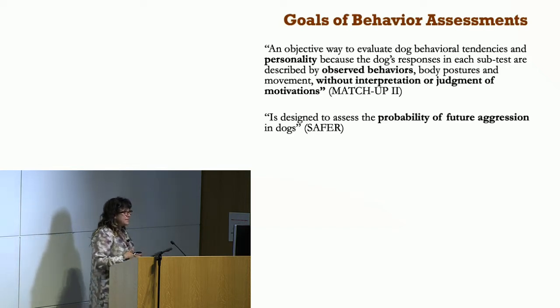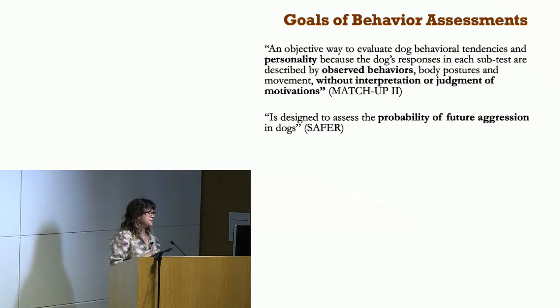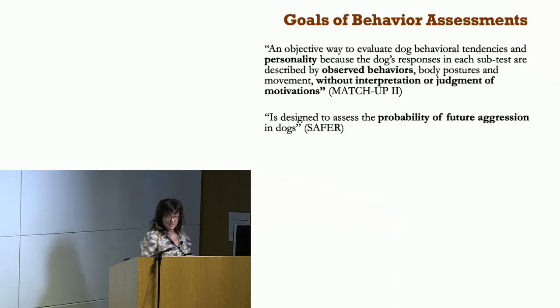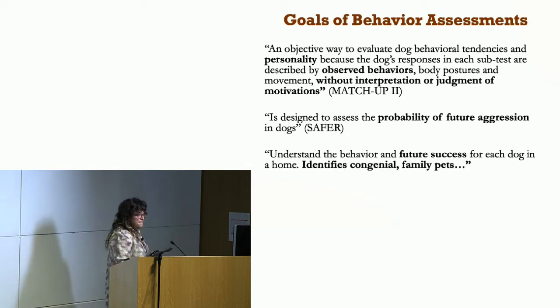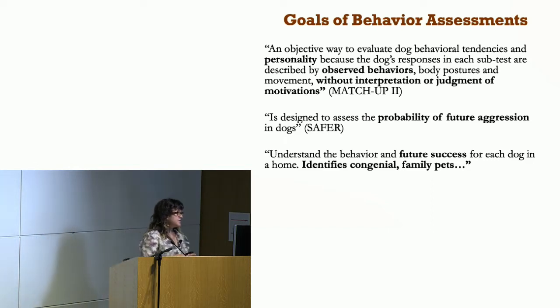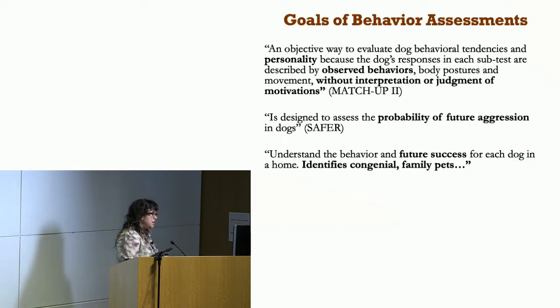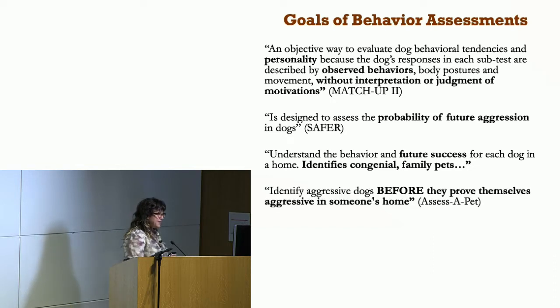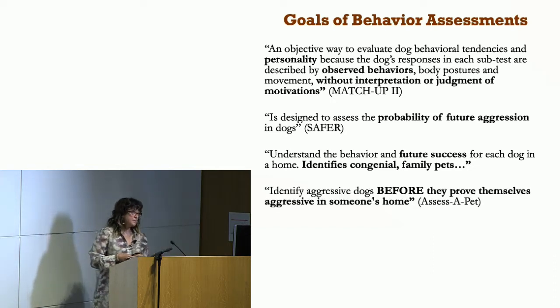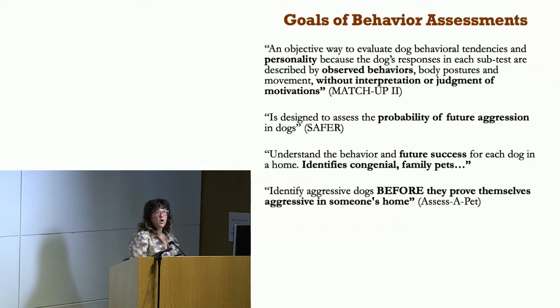SAFER is described as designed to assess the probability of future aggression in dogs. And the ASPCA's assessment is supposed to understand the behavior and future success for each dog in a home, identify congenial family pets, and identify aggressive dogs before they prove themselves aggressive in someone's home.